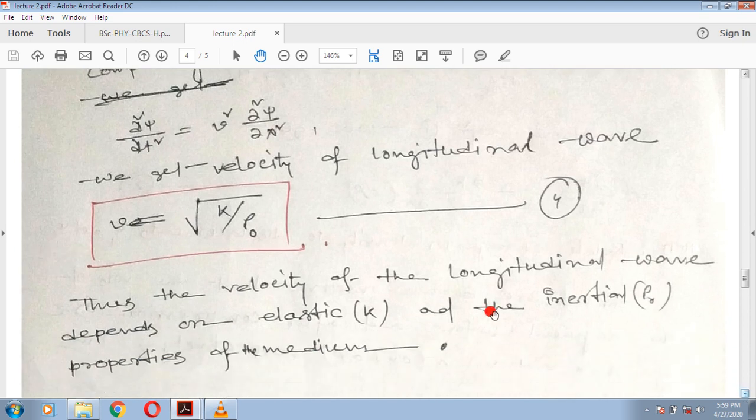Here k is the bulk modulus representing elastic property of material, and rho naught is the density of the medium at equilibrium. So here we observe that velocity depends on one elastic property and one inertial property of the medium, that is on k and rho naught. Thank you.